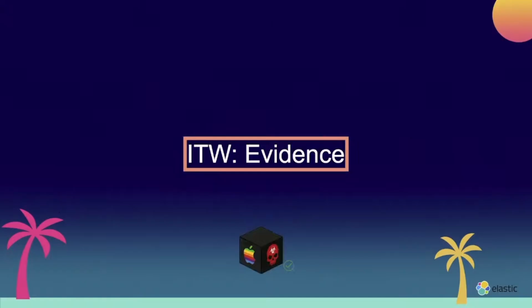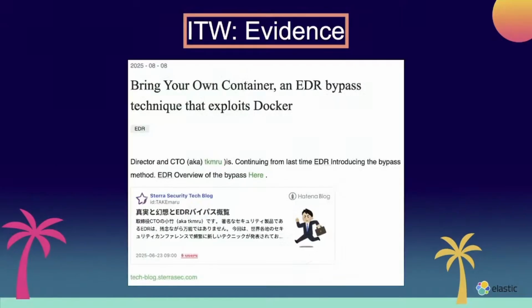All right, so now that you've seen how it works, let's look at some in the wild evidence of how this technique is being used by threat actors today and red teamers. Surprising to me, when I went to look for it, I was like, there's no way I'm the first person to talk about this stuff. But surprisingly, there was like nothing out there except for a very recent blog post around this technique specifically, isolated defense evasion, being used to bypass EDR.